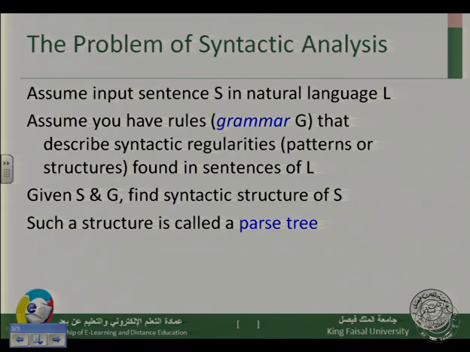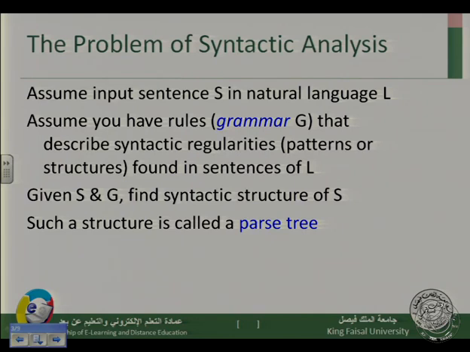So let's assume that we have certain patterns or structures. So regular sentences form a pattern or a structure. So from these patterns and structure, we want to have a syntactic structure, a full, meaningful sentence.